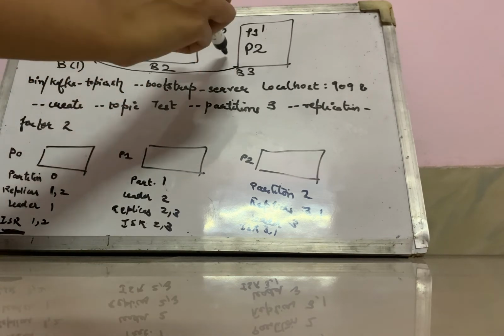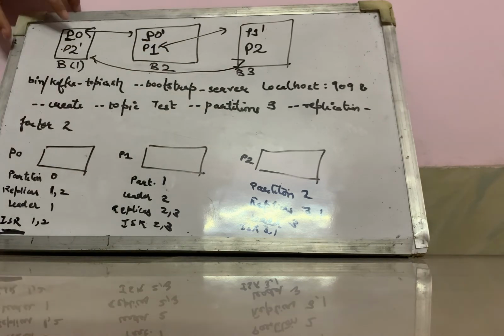Here 3 and 1 are in sync with each other. So whatever message is getting into this partition, the fetch request is happening, and this replica is having the same message which this partition is having. So they always remain in sync with each other.